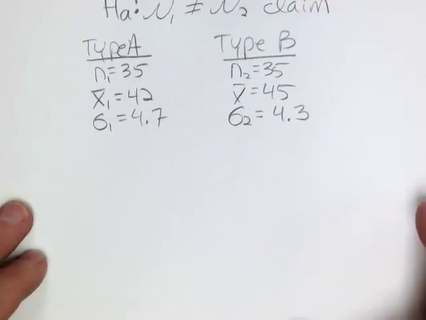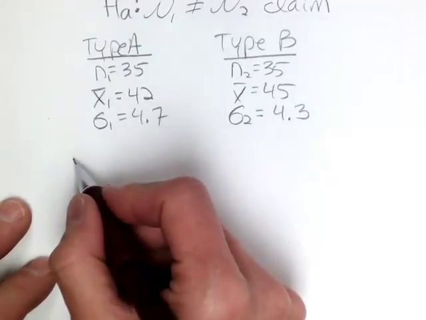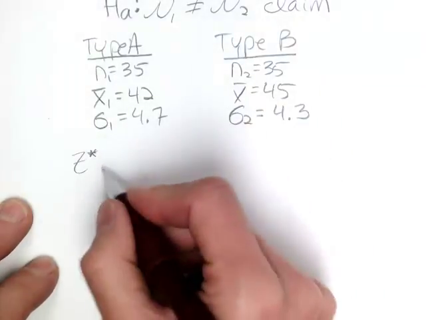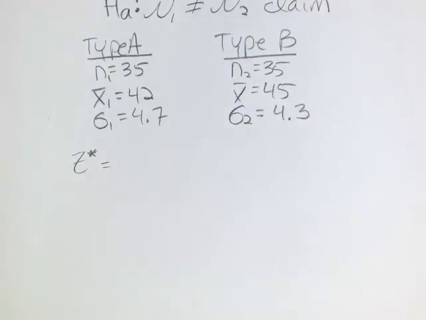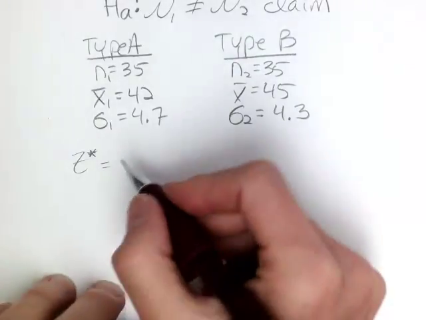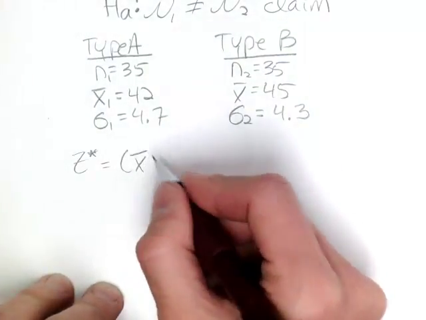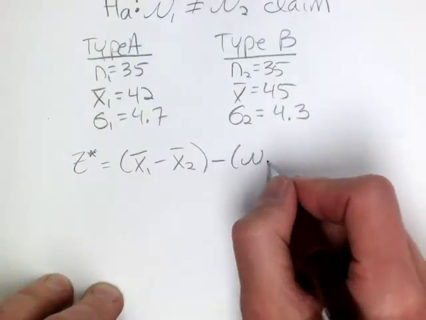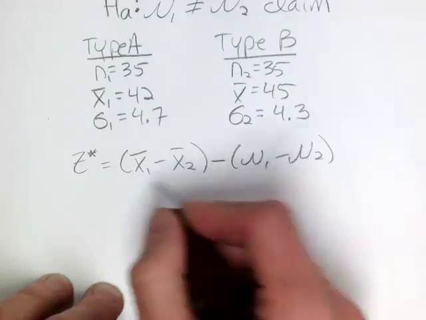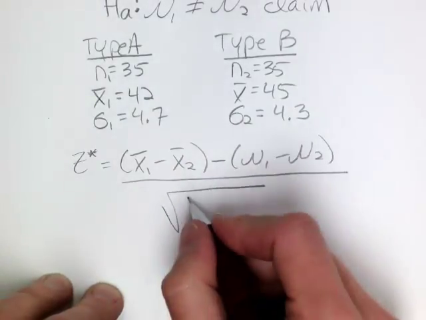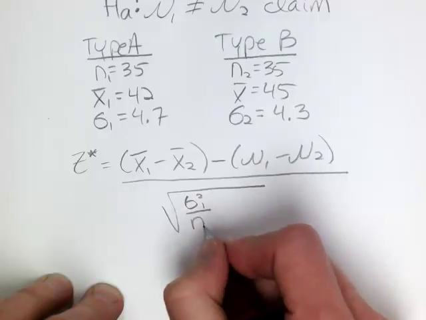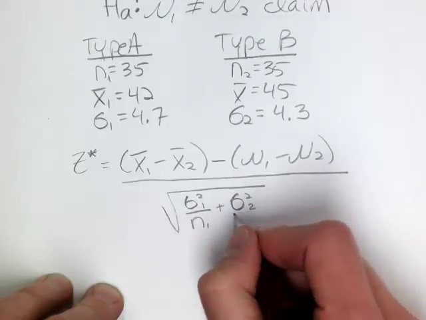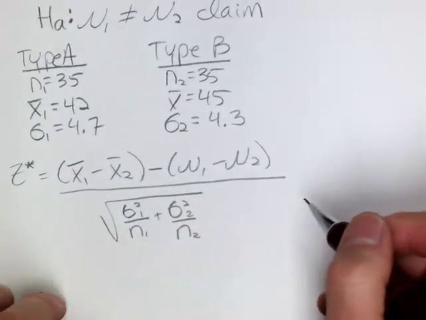So now we're going to need our standardized test statistic. The formula for the standardized test statistic when the population standard deviations are assumed to be known is x bar sub 1 minus x bar sub 2 minus the quantity mu sub 1 minus mu sub 2, over the square root of sigma squared sub 1 over n1 plus sigma squared sub 2 over n2.